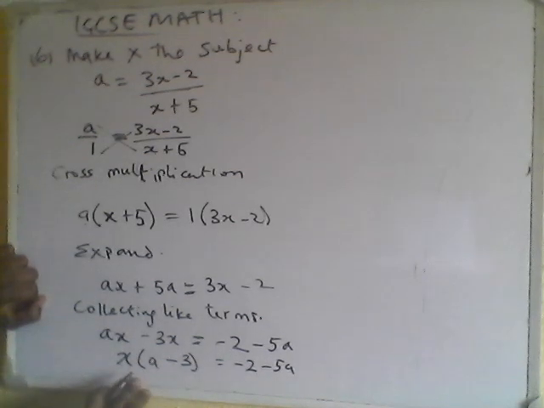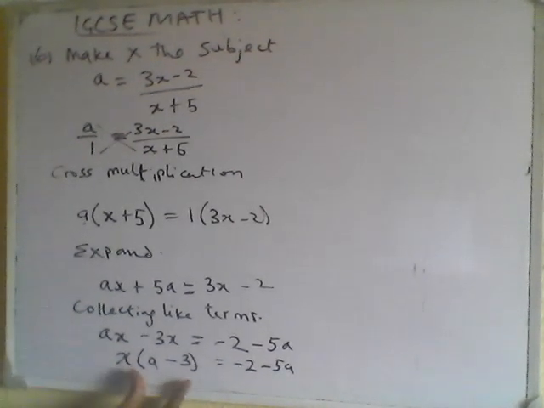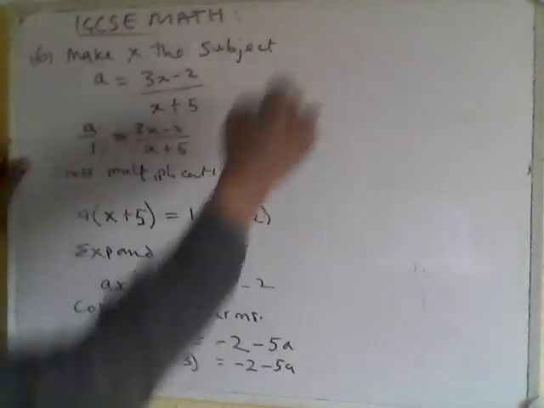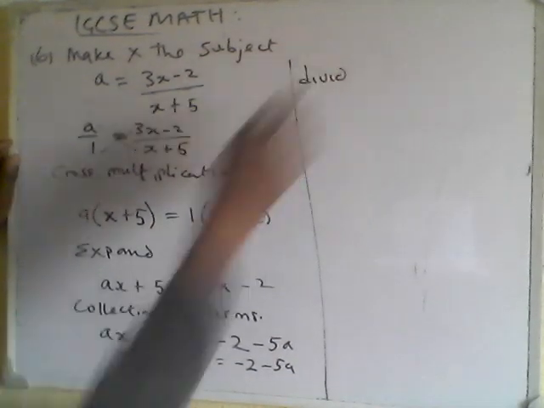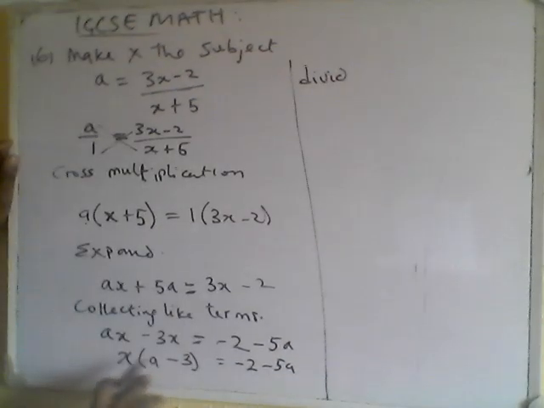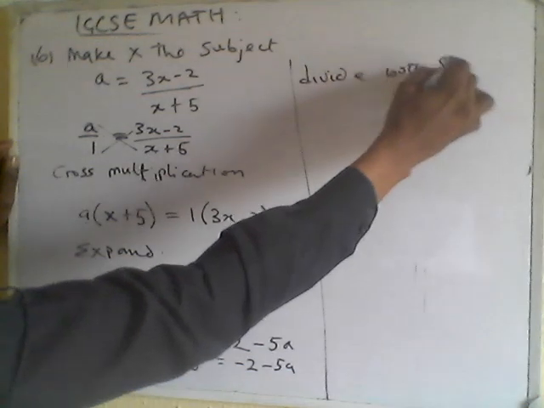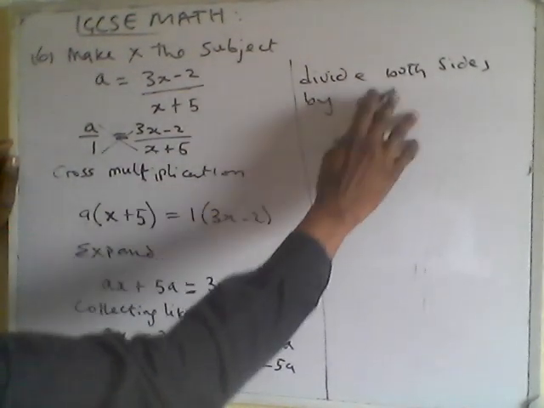Okay, so now my goal is to make x subject of the formula, but x is still being attached to this particular one by multiplication operation. So to detach this, I'll just say divide both sides. Multiplication, the opposite operation is division. So I'll say divide both sides by a minus 3.